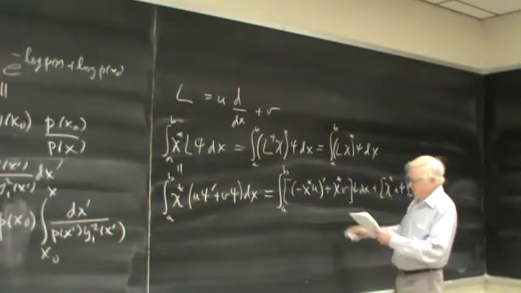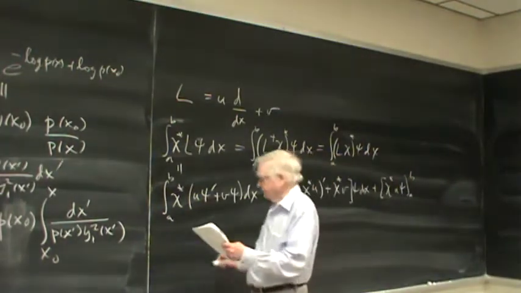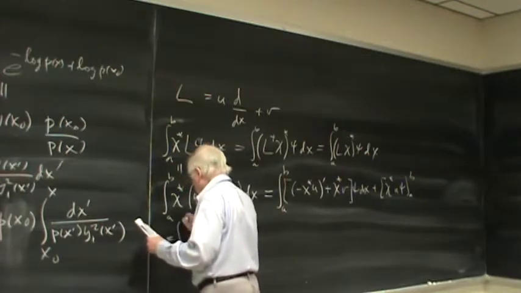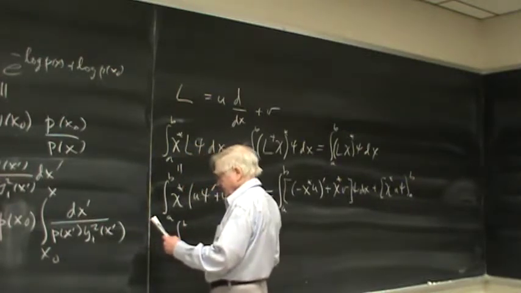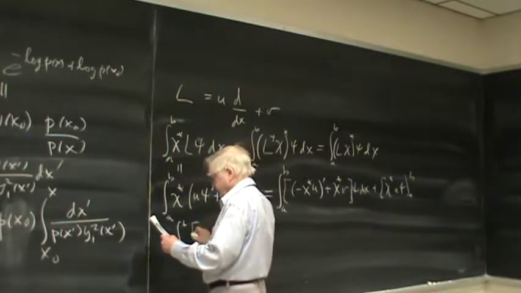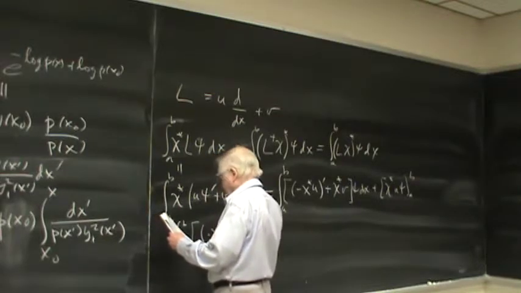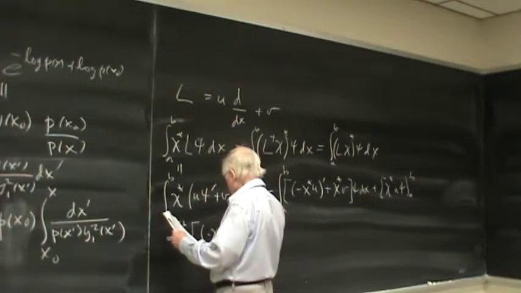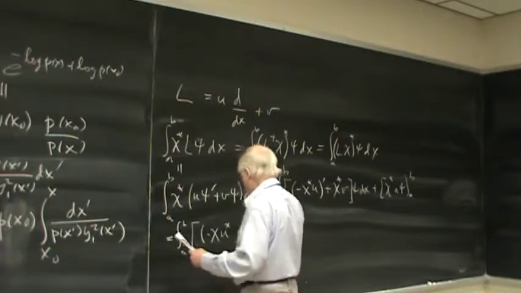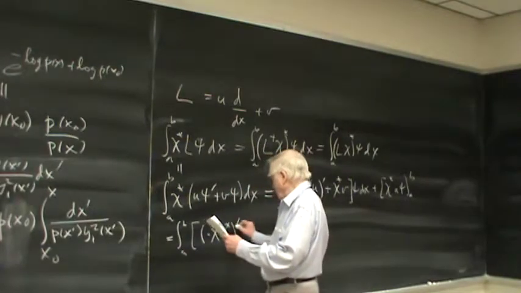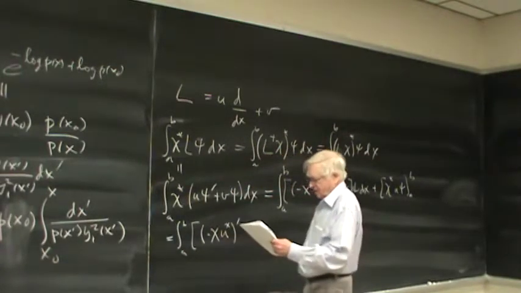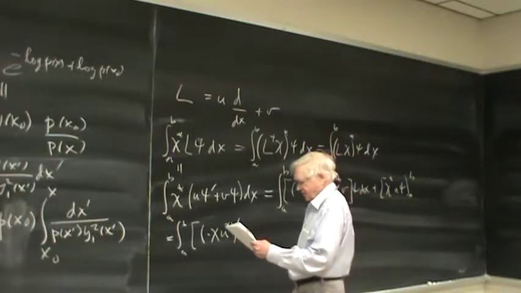Now we just rearrange terms here. Integral A to B of minus chi u star, so I'm doing the double stars essentially.